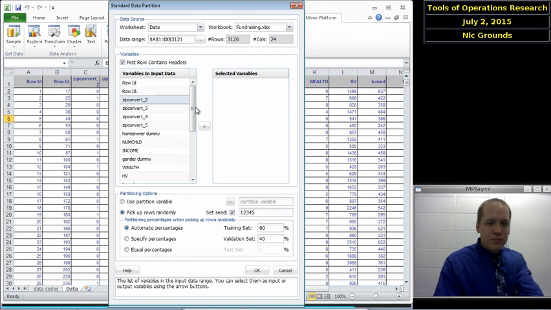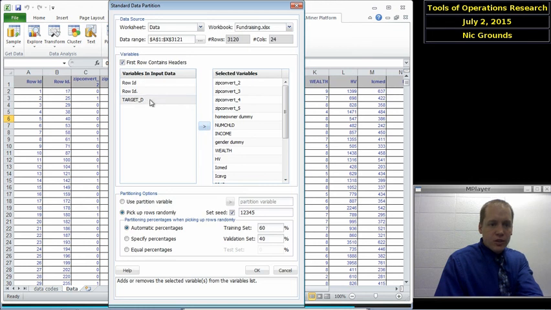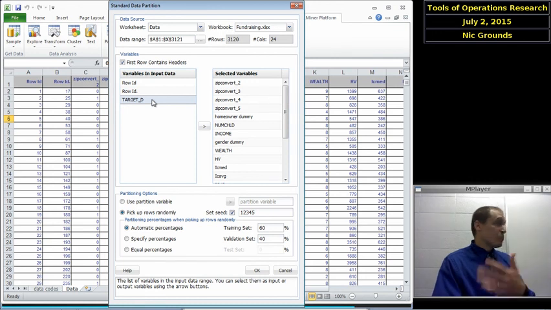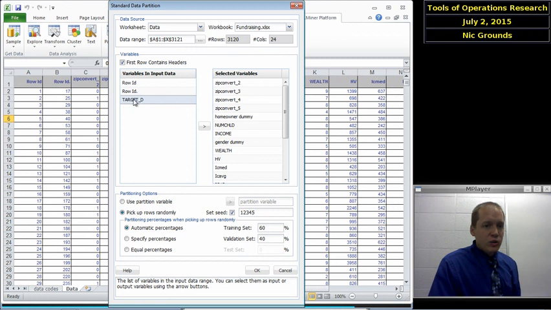I'm going to leave those pieces of data out of the partition because they're not useful for determining who donates and who doesn't. There's also a field at the end which is the amount they donated. So we could theoretically predict that, but I'm just interested in predicting who donates and who doesn't. For that purpose, I don't want to include how much they donated, okay?